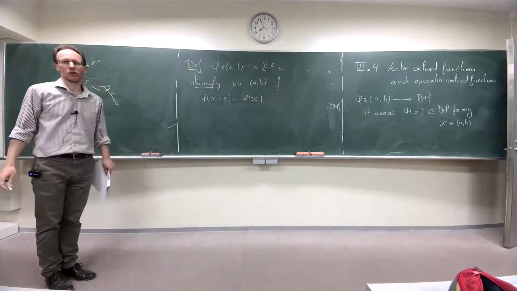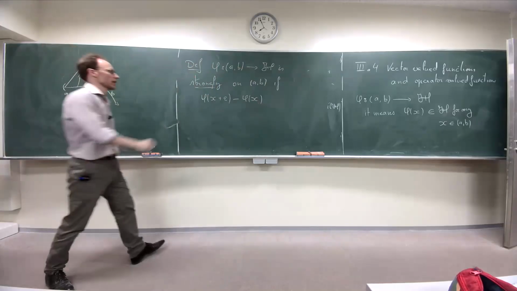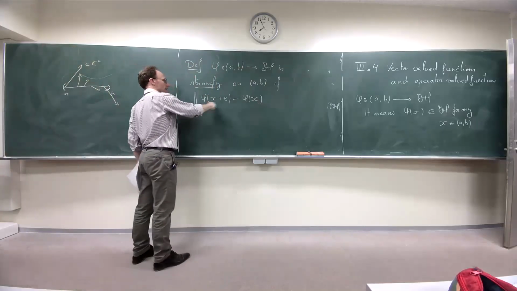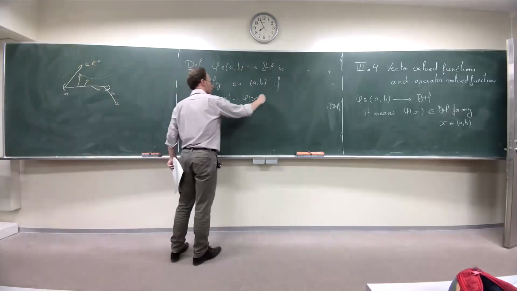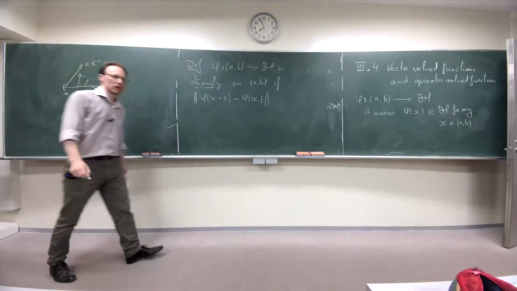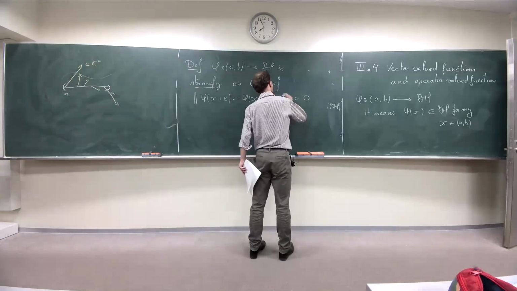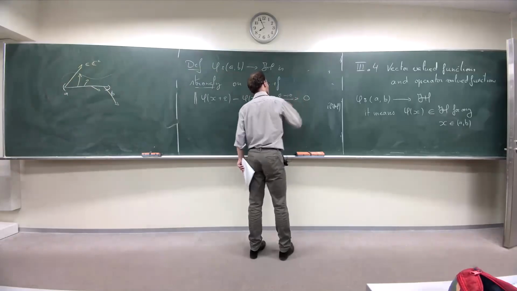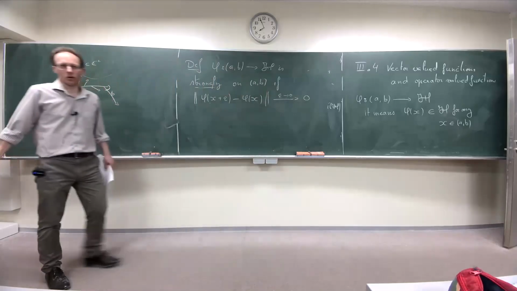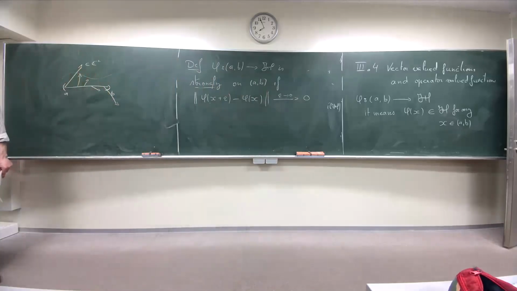This is what we do when we consider continuity. This is an element of a Hilbert space. This is another element. I take the norm and I impose that this goes to 0 when epsilon goes to 0. This is a natural notion of continuity.